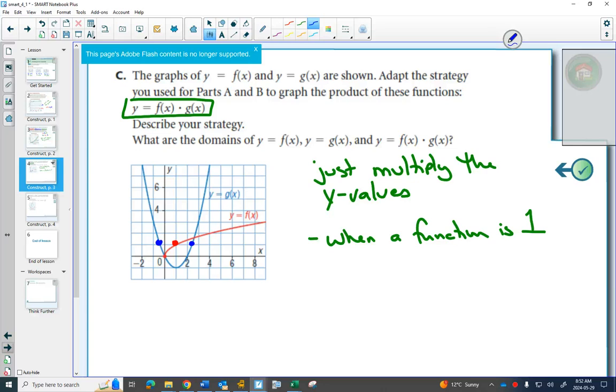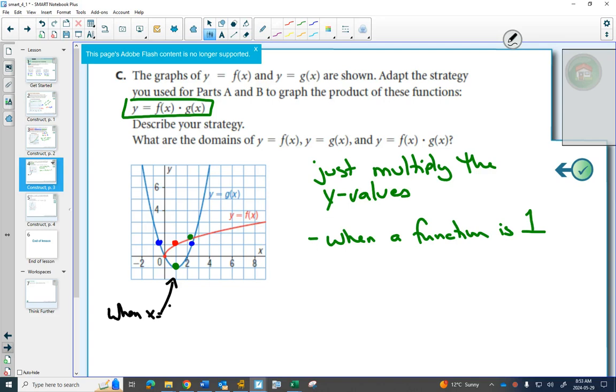So my green graph will be here when the red one is 1, and here when the blue one is 1. But it does not even exist at the other blue point because the red graph doesn't exist. So first of all, both graphs need to exist.